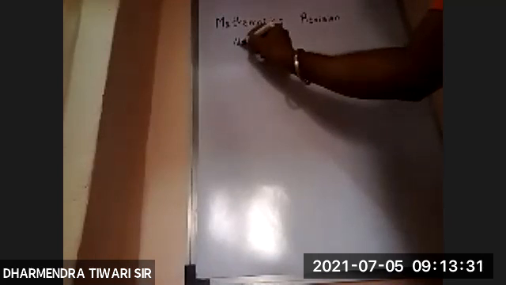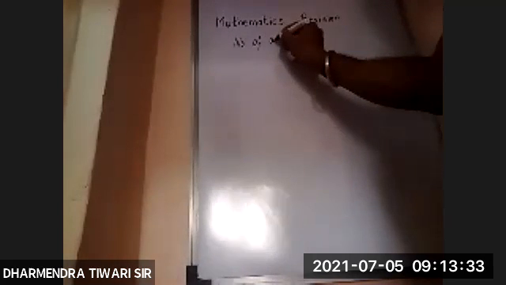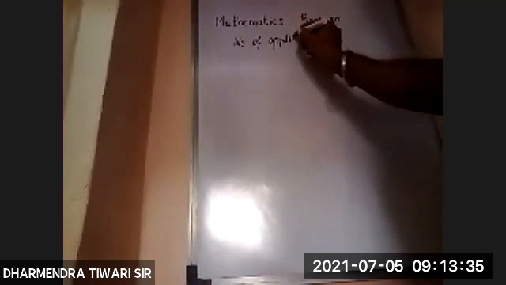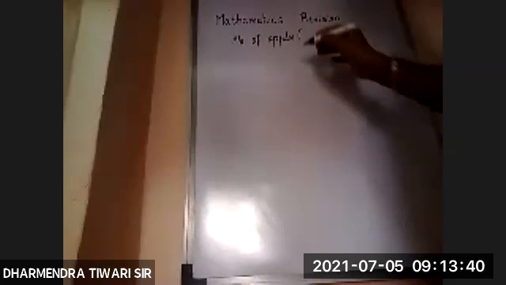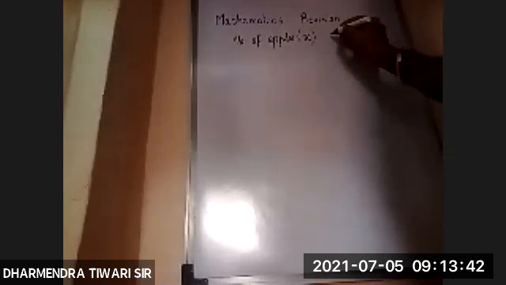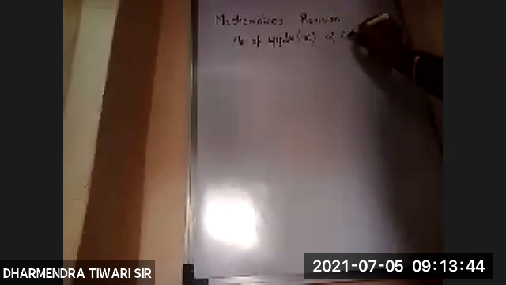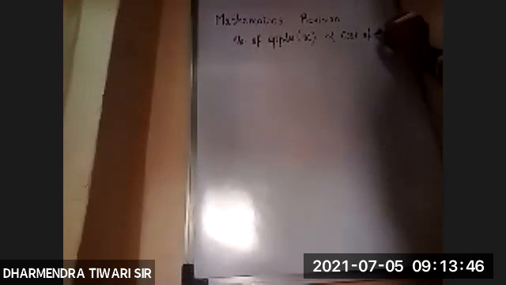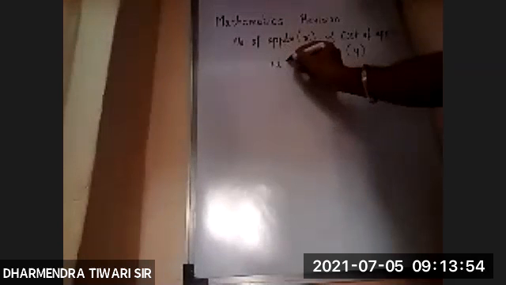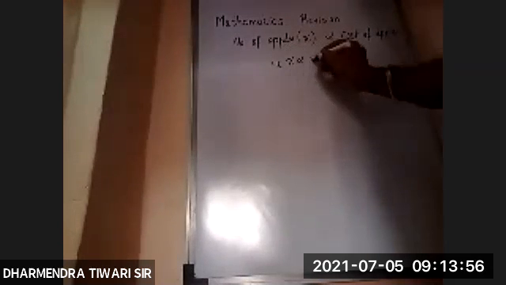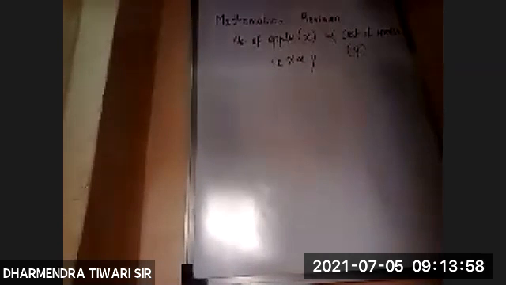Say number of apples is given by x. There's a direct variation with the cost of apples, say cost is given by y. That is, x is in direct variation with y, meaning number of apples is in direct variation with cost of apples.